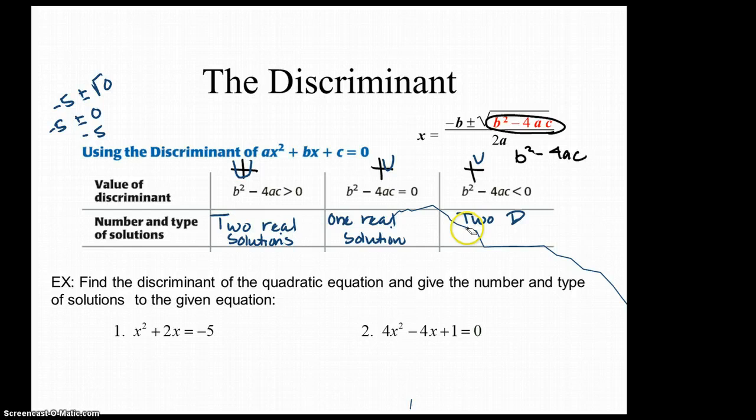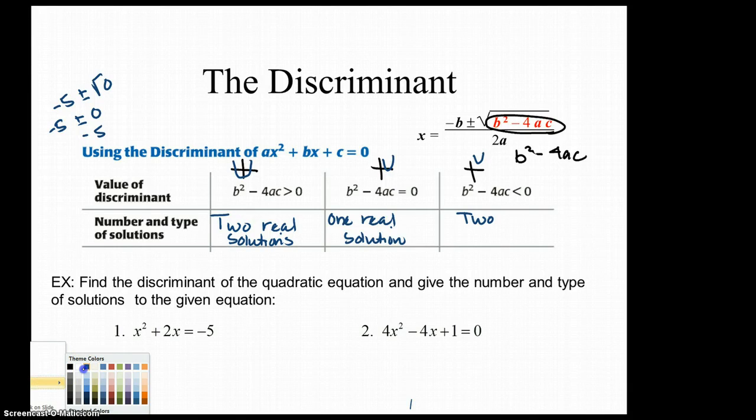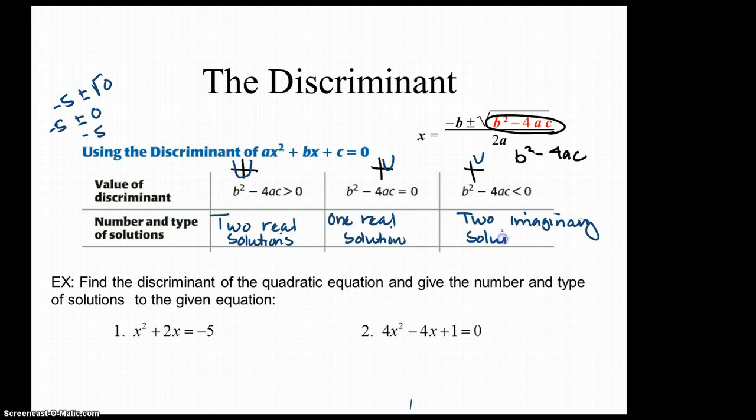This is where the i comes in. And we saw it a little bit last week, but we'll see it more in the future. That's where you get your i from.